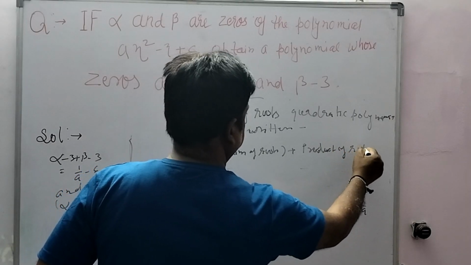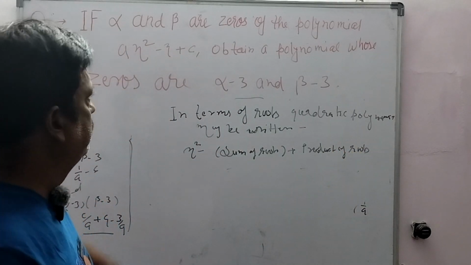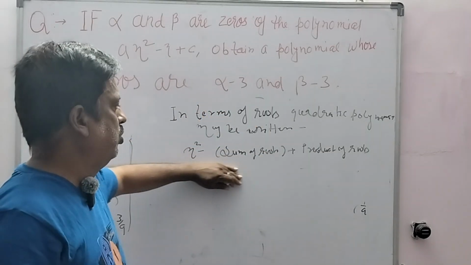Okay, we are using this to get the required polynomial.